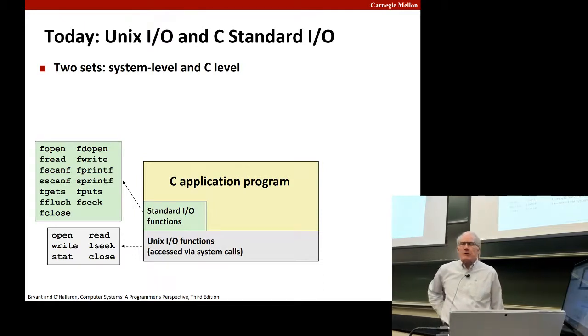But there's a lower level set of operations that you can do, what's called sometimes raw I/O, where you're really down at the operating system, exactly how it represents files and manipulates them. And there's various times when that's useful to be able to do that directly.